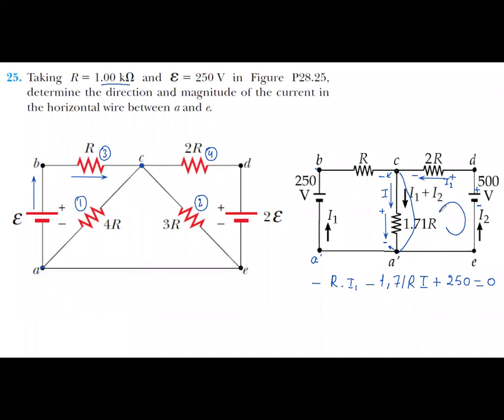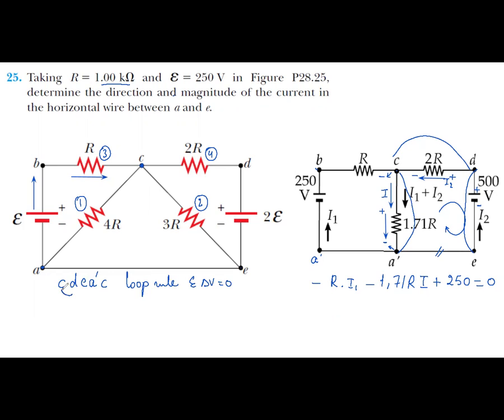This loop, a clockwise loop also, we start by the point C to the point D, D to the point E, and here we have nothing between these two points, and at the end we go from the point A prime to the point C. So we go from the point C to the point D, D to the point E, E to the point A prime, and A prime to the point C. We apply the loop rule where delta V equals 0.